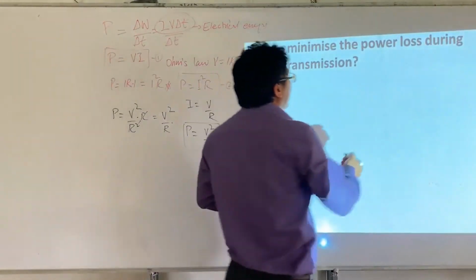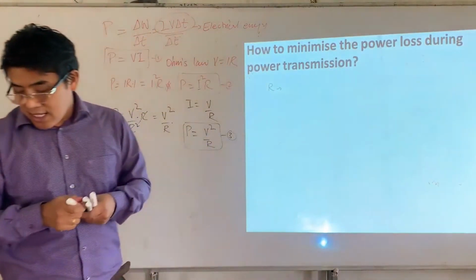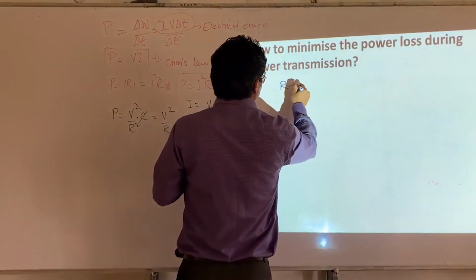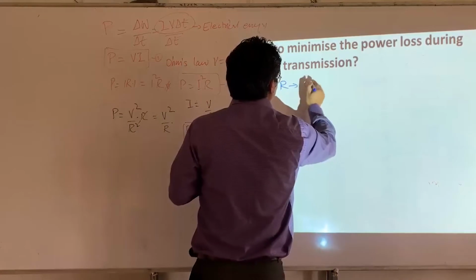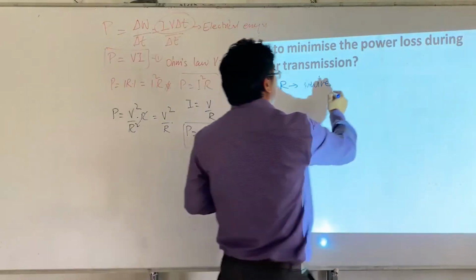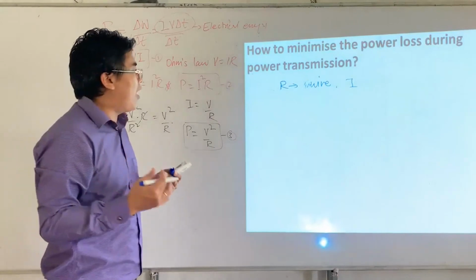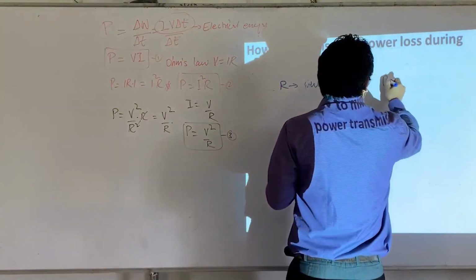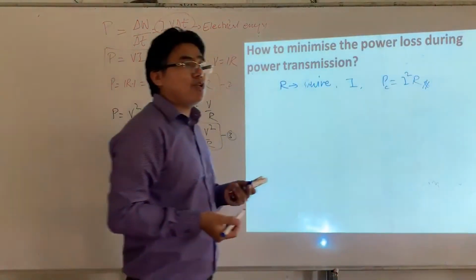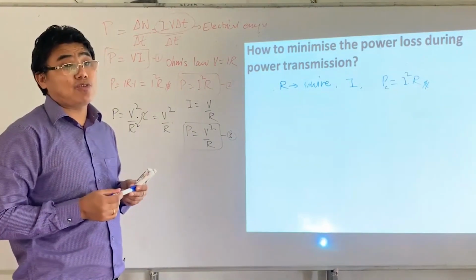So look at here. If R is the resistance of a transmission wire, the wire which we can't remove, and I is the current with which the power is sent out from a powerhouse, then this much power is going to be lost during transmission.